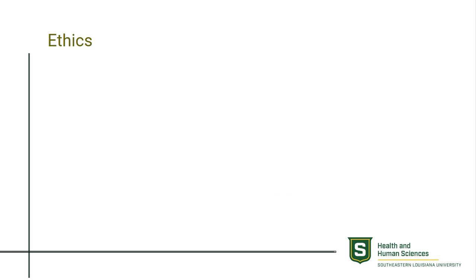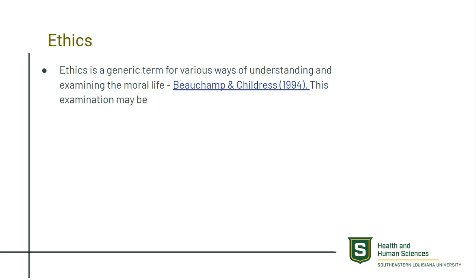To dive in a bit deeper, ethics is a generic term for various ways of understanding and examining the moral life. Ethics could be normative, in the sense of presenting all the standards of what is right and what is good action, and trying to decide moral life based upon the standards of what is a good or bad action.